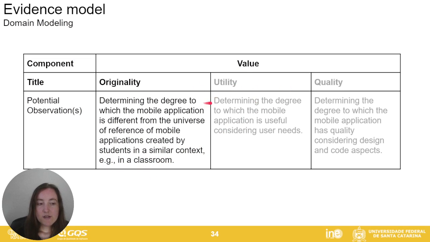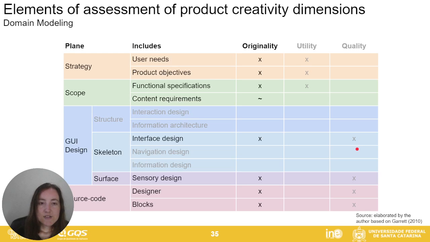For utility, determining the degree to which the mobile application is useful considering user needs. And for quality, determining the degree to which the mobile application has quality considering design and code aspects. Each dimension of product creativity is analyzed considering its nature in accordance to the layers of Garrett's framework.